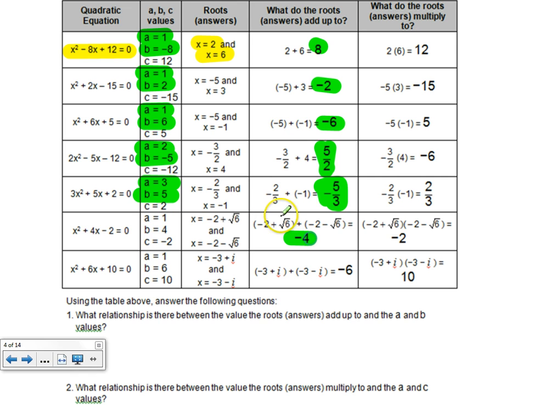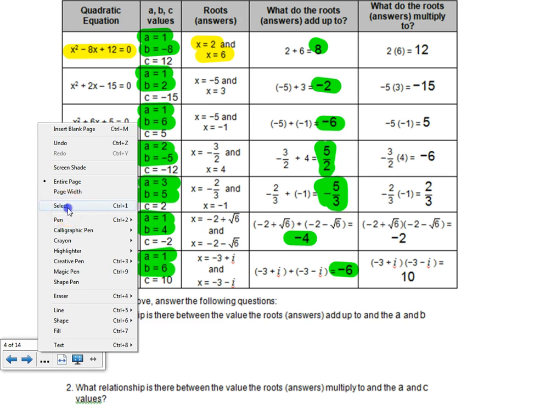Okay, so even when the answers are irrational or imaginary, the answers are actually conjugates. So they will always add up to a nice value and multiply to a nice value. So there's your negative 4, and there's your positive 4, and your a is 1. That means it didn't change 4. And lastly, this right here is negative 6, and there's your positive 6 because a is 1.